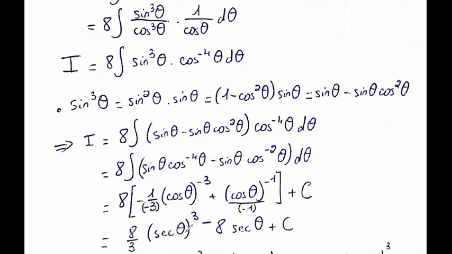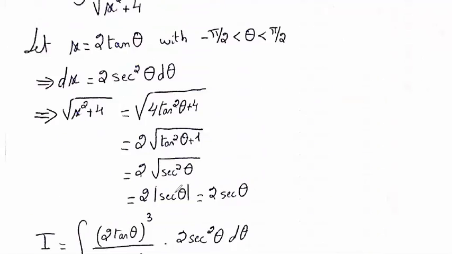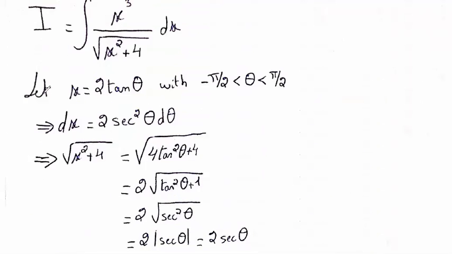Now we have to go back to our initial variable of integration, which was x. Always when you make a substitution in an integral, you have to go back to your initial variable. So here we have to go back to our initial variable x. We look at the substitution that we have done. x is 2 tangent theta.